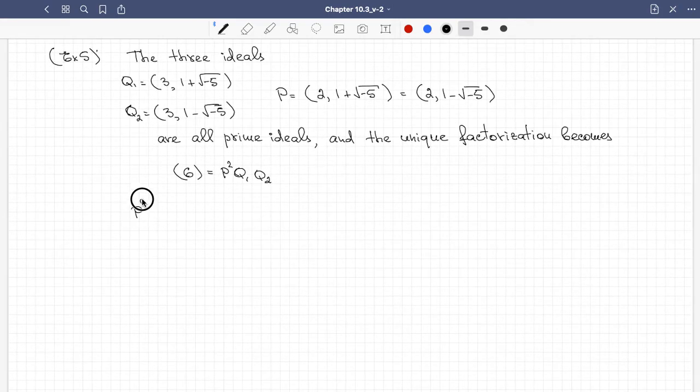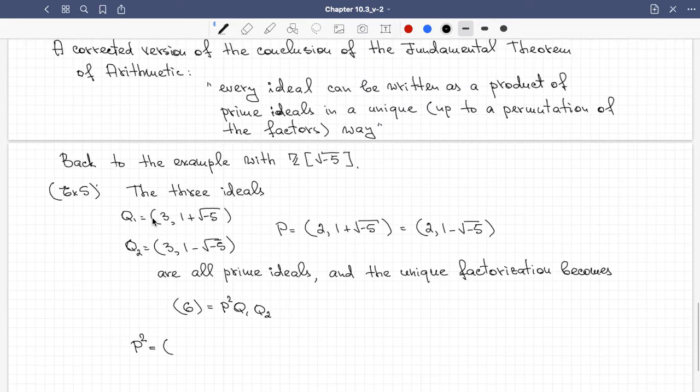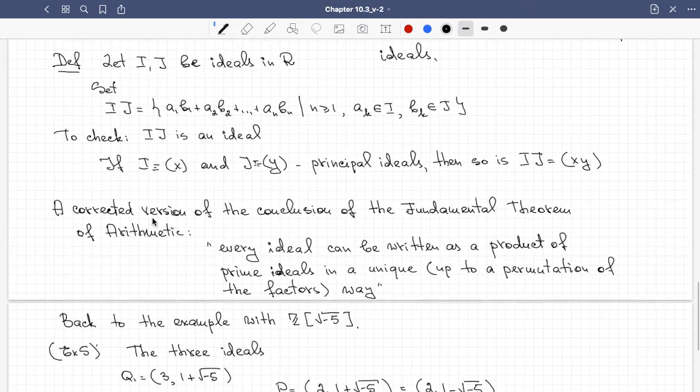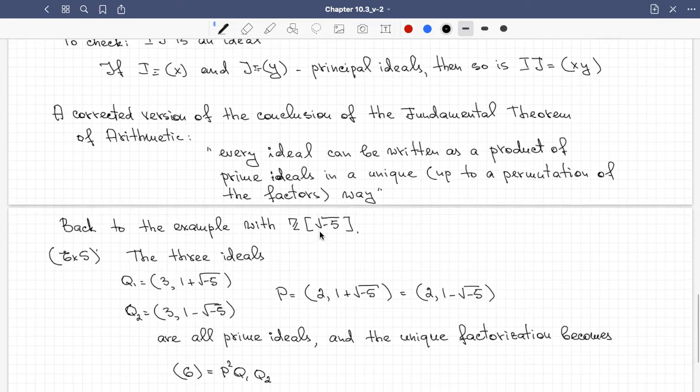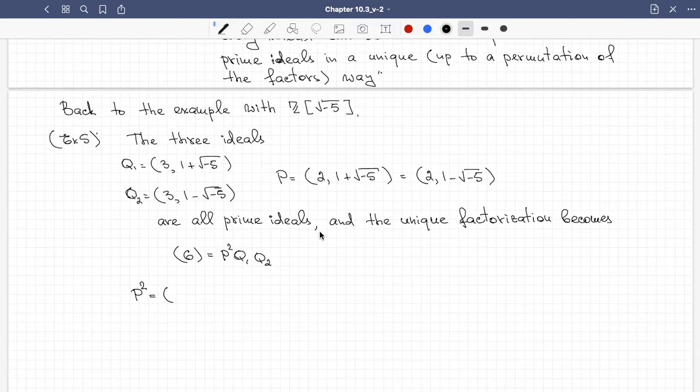P squared is P times P. This is the ideal P. If you take all products and sum them together according to the definition of product of ideals, you do it with P times P. What you produce this way is the principal ideal 2.